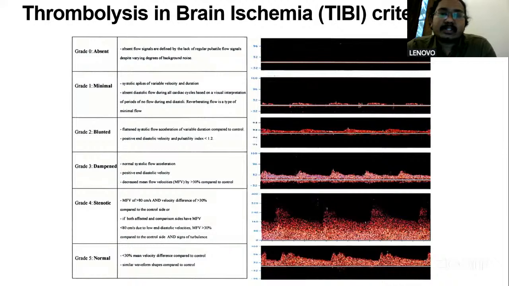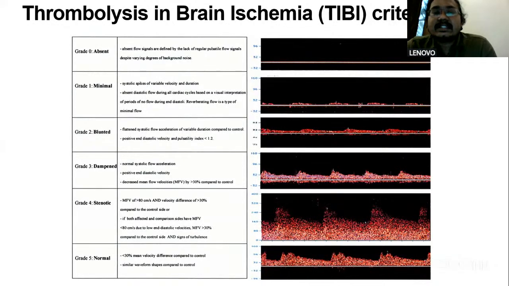So this is the TIBI criteria, Thrombolysis in Brain Ischemia criteria. What we do is before thrombolysis, we would like to take a baseline transcranial Doppler, and see how the flows are. And after thrombolysis, say 3 hours after, we would again do TCD and see how the velocities are.